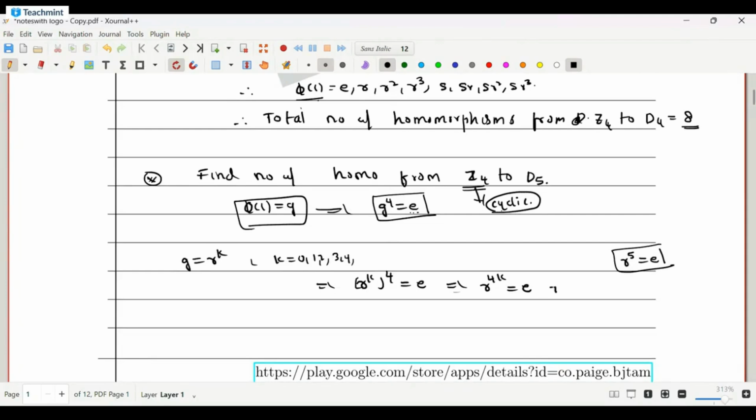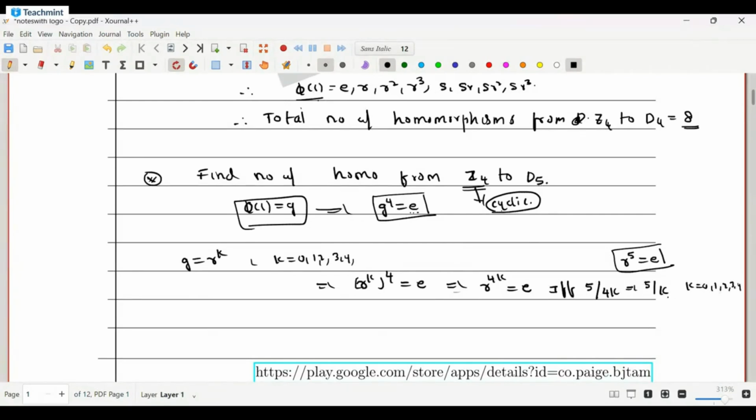So R power 4K is equal to E if and only if 5 divides 4K. కదా? But 5, 4 GCD 1 కాబట్టి 5 divides K అంటే సరిపోతుంది. Where K is equal to 0, 1, 2, 3, 4.